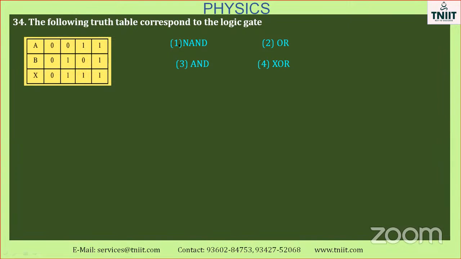The following truth table corresponds to, look at this, 0 plus 0 is 0, 0 plus 1 is 1, 1 plus 0 is 1, 1 plus 1 is 1. So clearly this X tells A plus B. A plus B means which gate? OR gate.